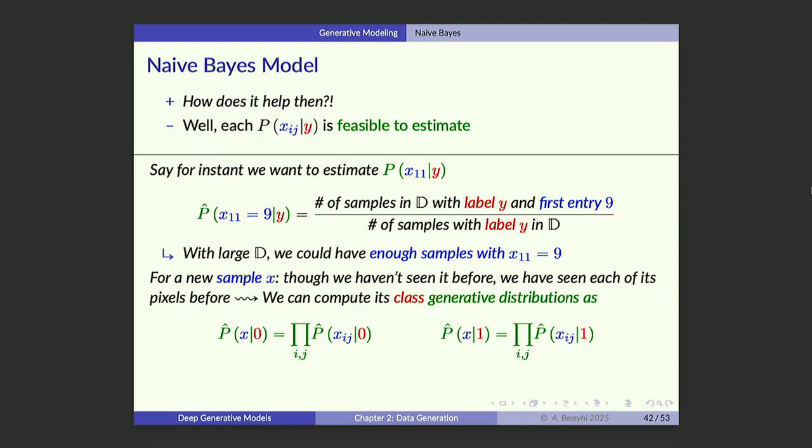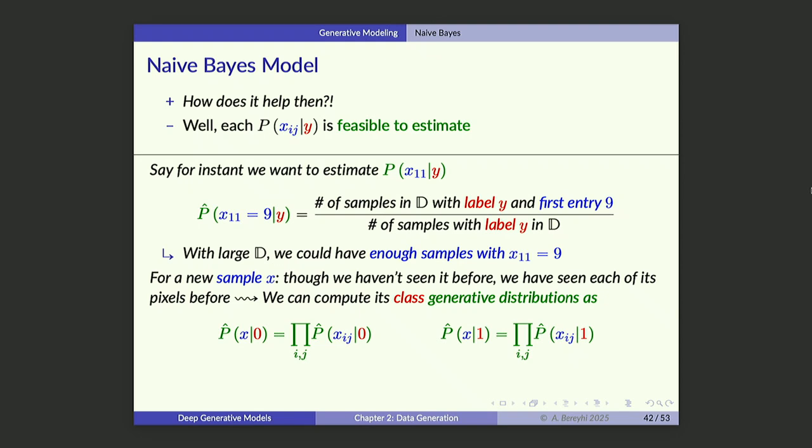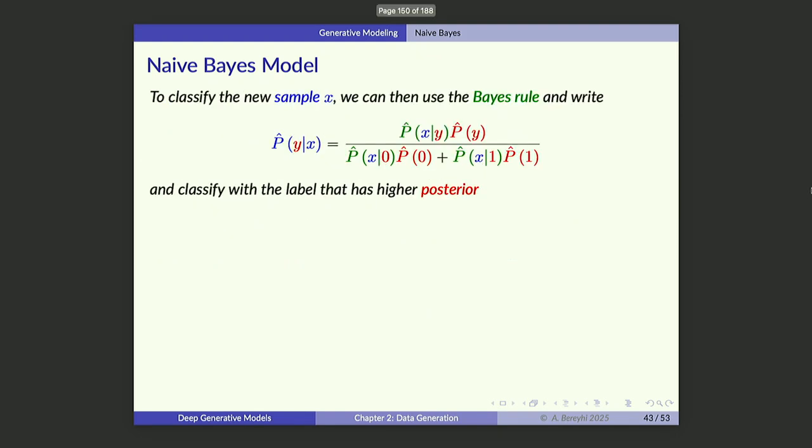Questions? No question? OK, great. So that being said, since I can compute for every pixel, I multiply them, and I get the generative distribution for my image given every single label. Then I can just put it in the Bayes rule.